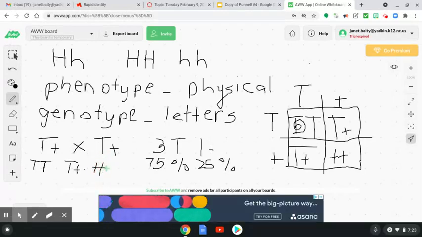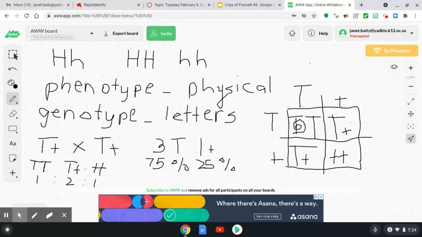If we look at the genotype, we only have one box of the first, so it would be a 1. How many we got of these? 2. We got one of those.